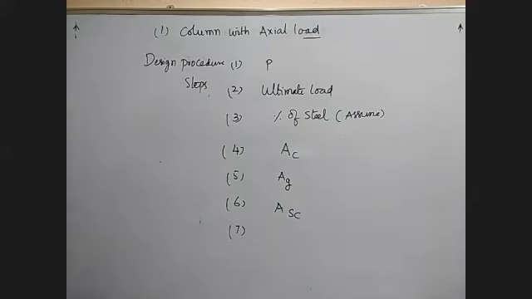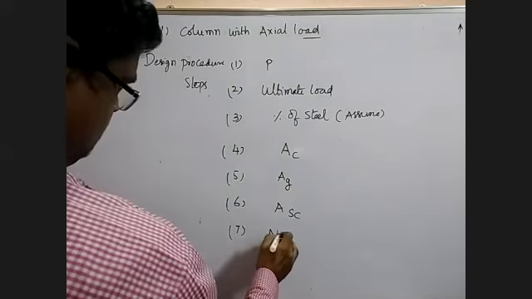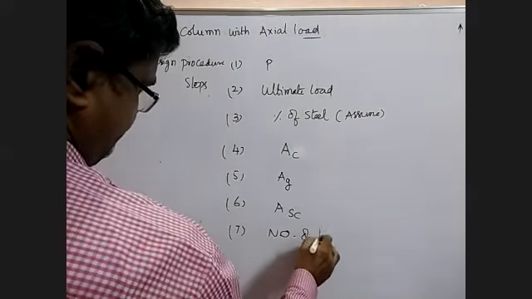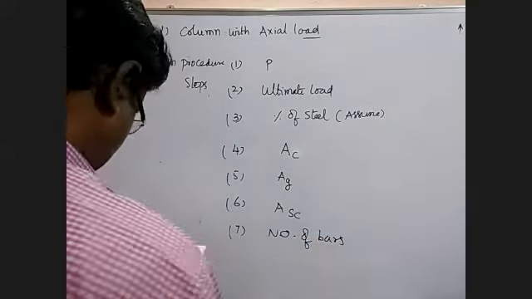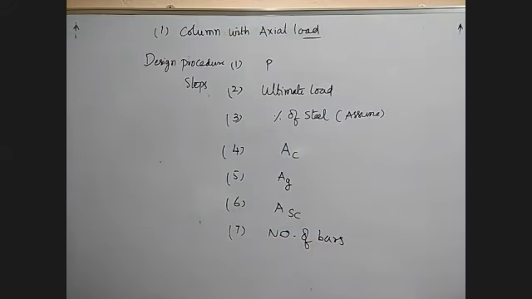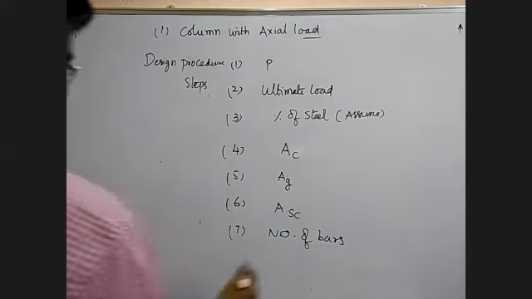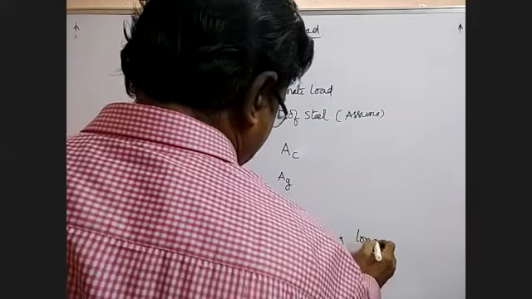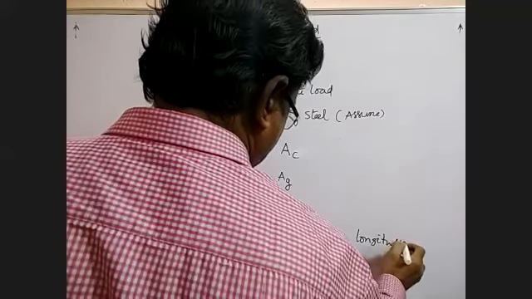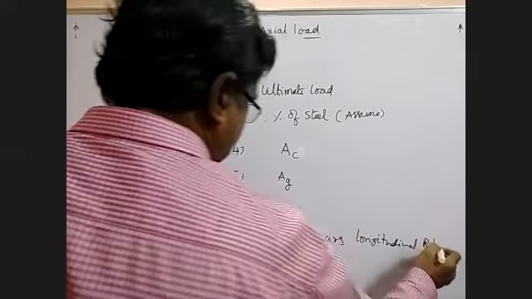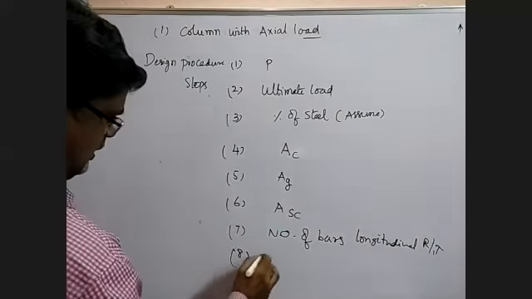Okay, next. Seventh step is number of bars. Number of bars in longitudinal reinforcement, and the last step is the lateral reinforcement. Longitudinal. The eighth one is the lateral.